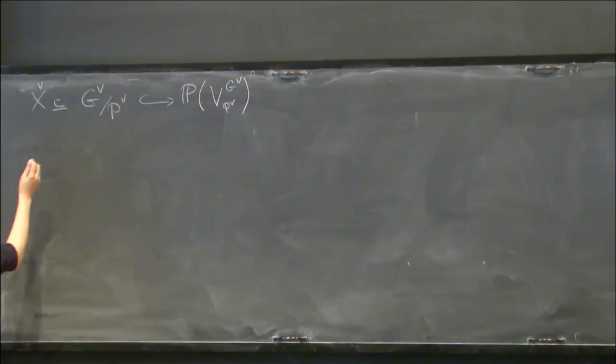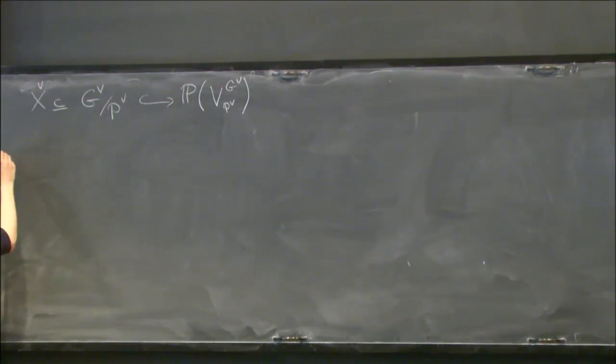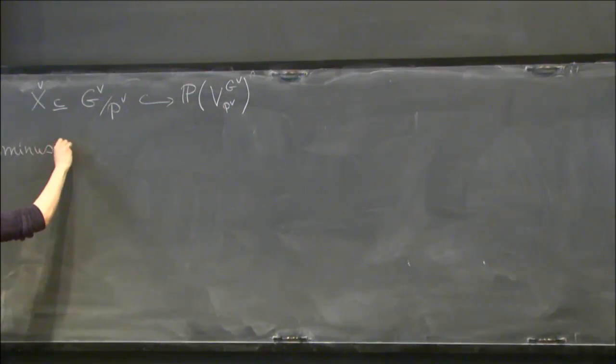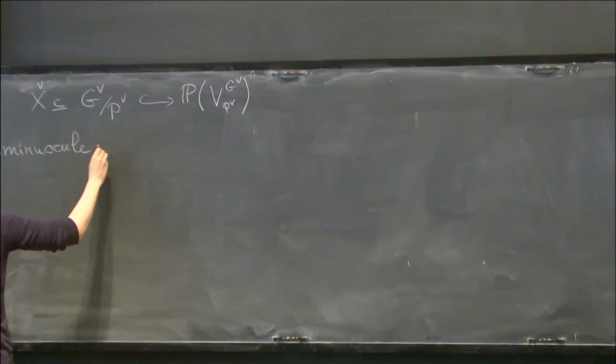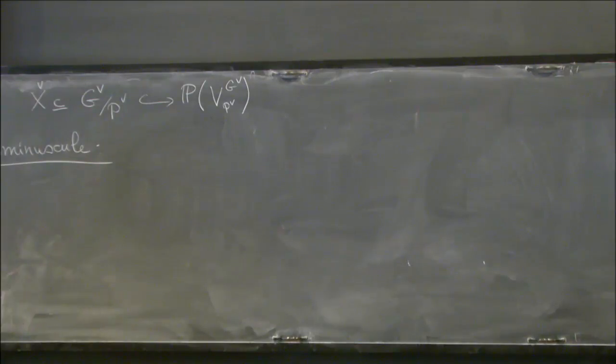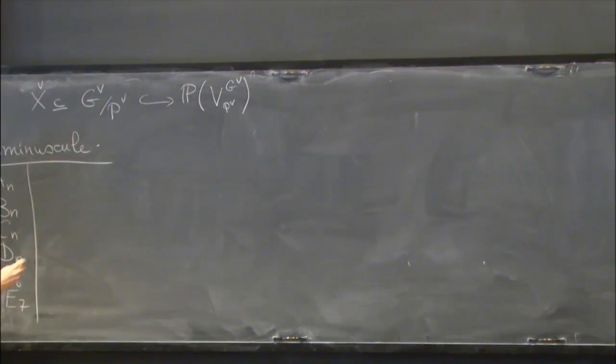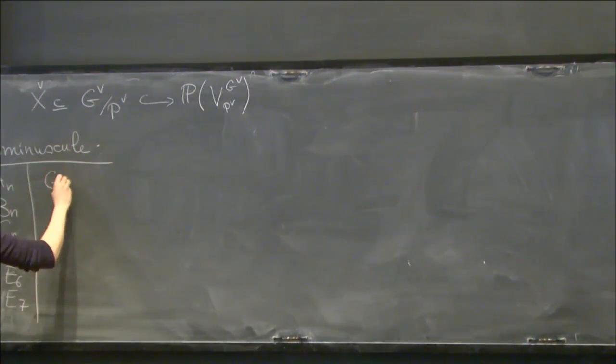So let me first maybe say what cominuscule means. I won't define it, I will give the list. So we have cominuscule homogeneous spaces in the following types. I will give the adjoint group here.